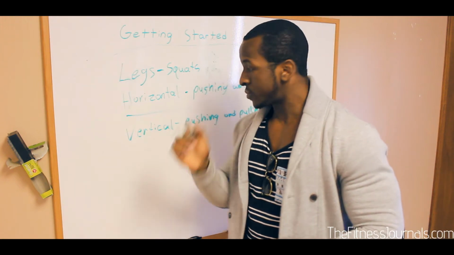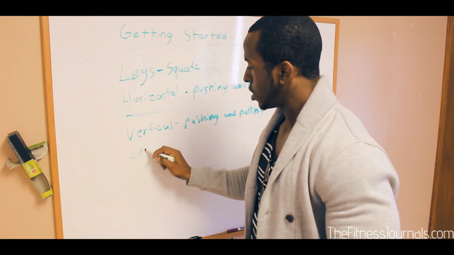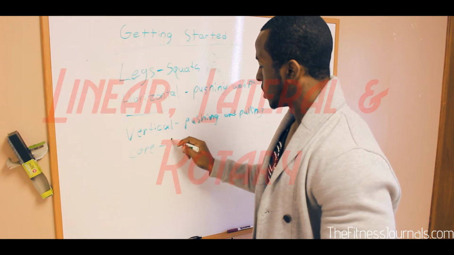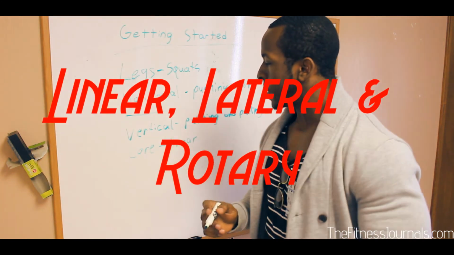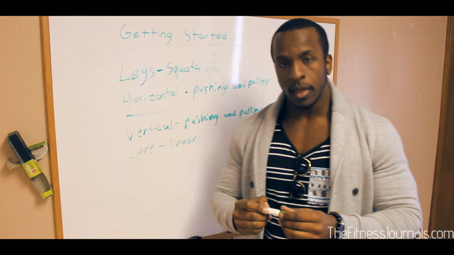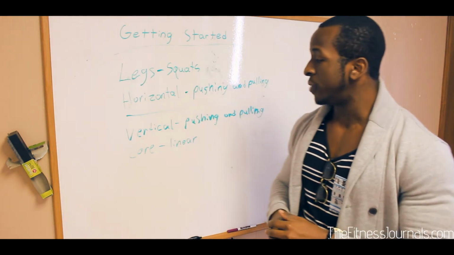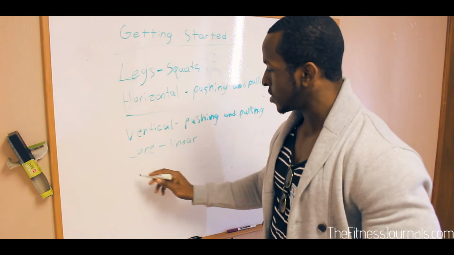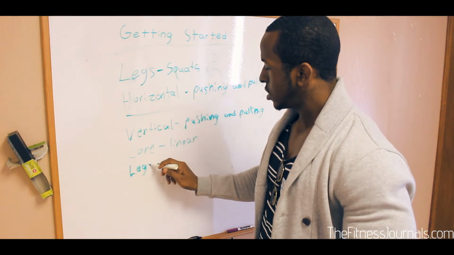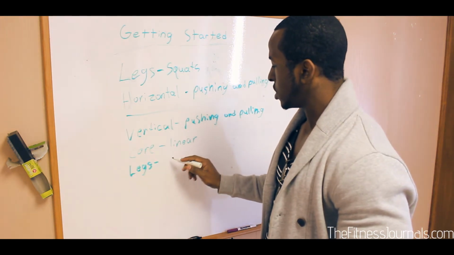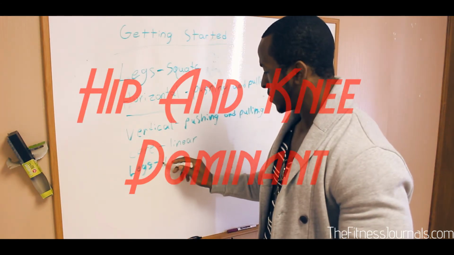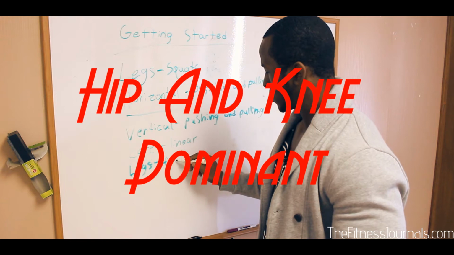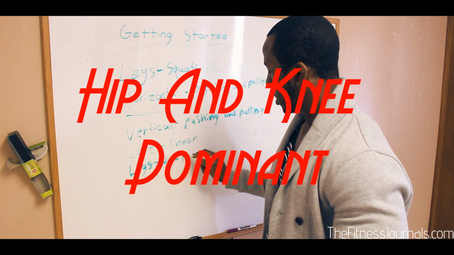Now for core, you have linear pattern of movement, and for legs, which we mentioned, hip and knee.